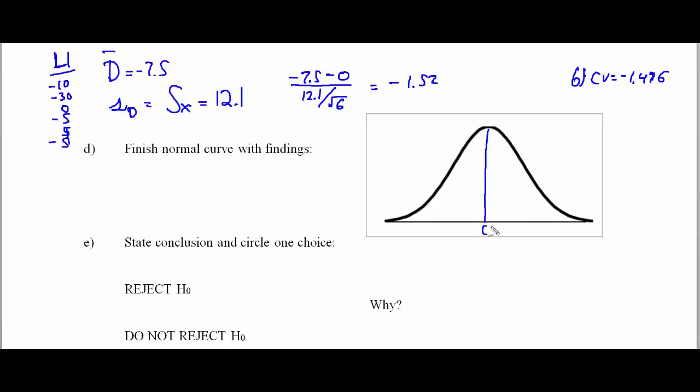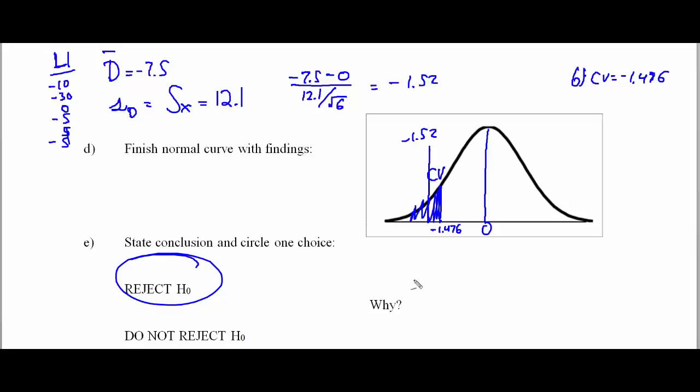So here's our 0 on our left tail test. We're going to have a shaded zone here, and this is going to be created by our critical value. The critical value is -1.476. Now our test value is just barely on the other side of it at -1.52, but it is inside, so we're going to reject the null hypothesis. And that's good, because that means that this drug is working. It is helping people lose weight.